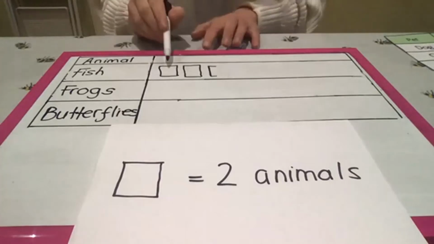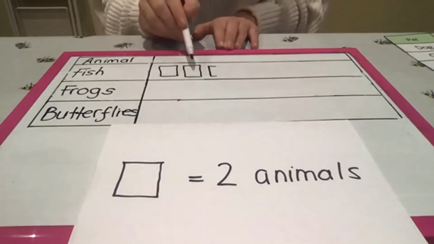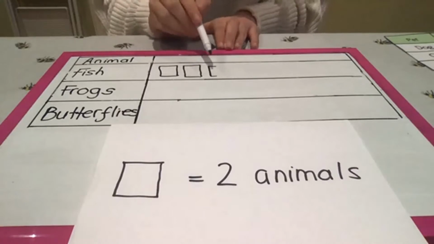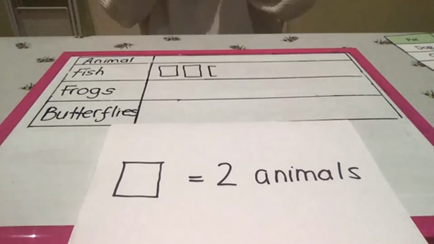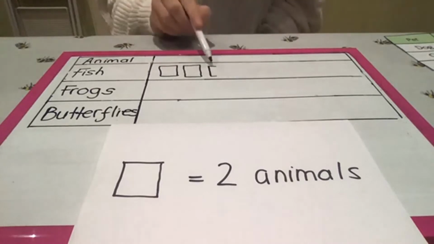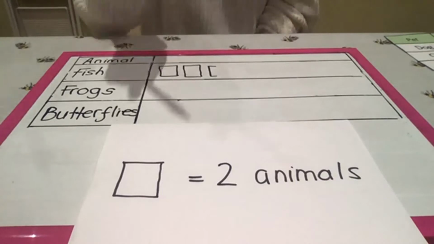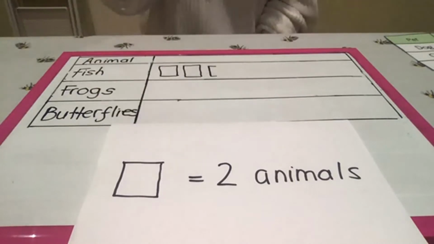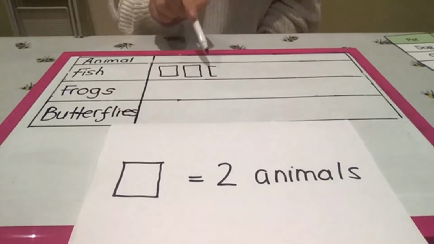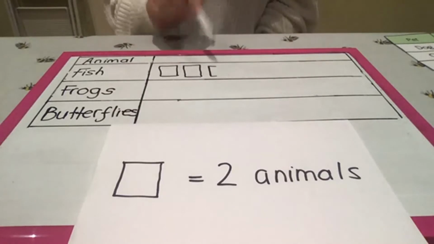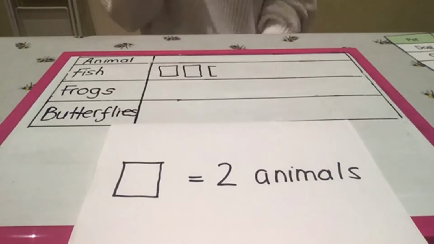So there we go, we've got 2, 4, and we've got a half square, which is 5. We have represented our fish on our pictogram, and we have used a half square to represent 1 fish, because a whole square will represent 2, and we didn't need a whole square because that would have taken us to 6. We only needed a half because we only needed to get to 5 fish.